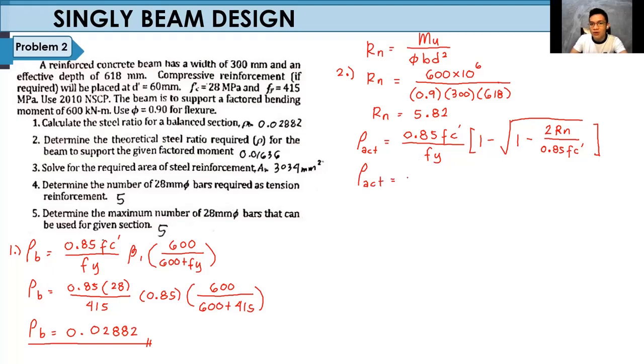Makukuha natin sa rho actual. 0.85 multiplied by our fc prime. Ano yung fc prime natin? 28. Divided by our fy, which is 415. Then, open parenthesis, 1 minus the square root of 1 minus 2, Rn natin is 5.82, divided by 0.85. Then, fc prime natin is 28.